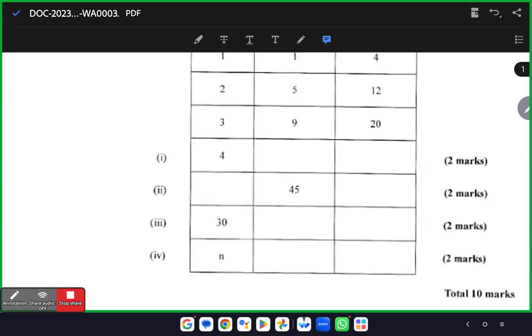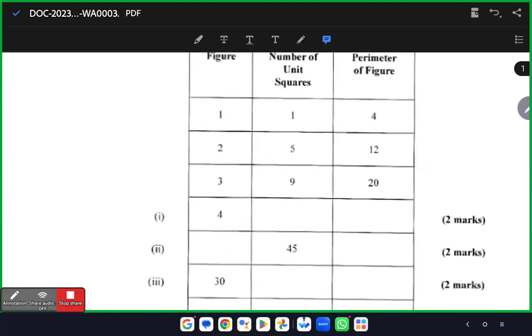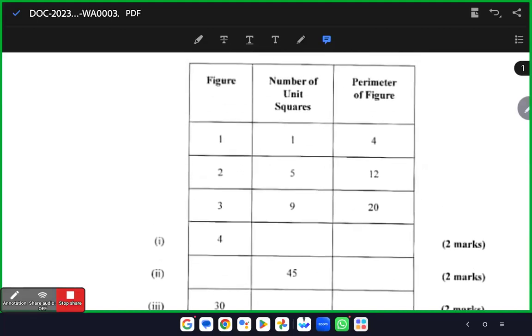Now, in this case, you did not get a formula to work with. So what we have to do is look at the information that we have. As you can see in our first column, you have figure. And the figure here is talking about the position of the figures. So as you can see, they have 1, 2, 3, 4.